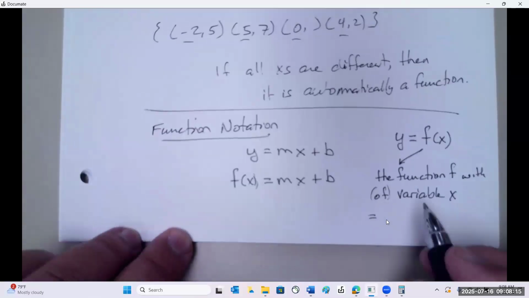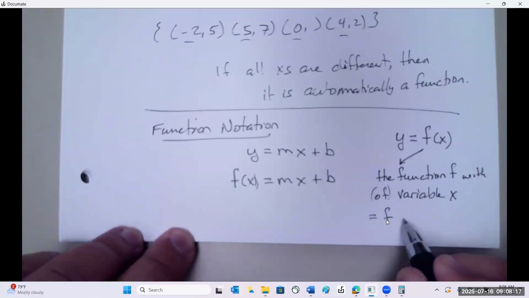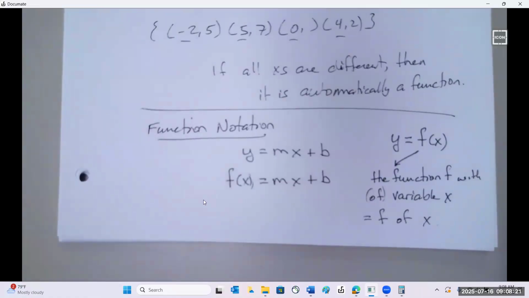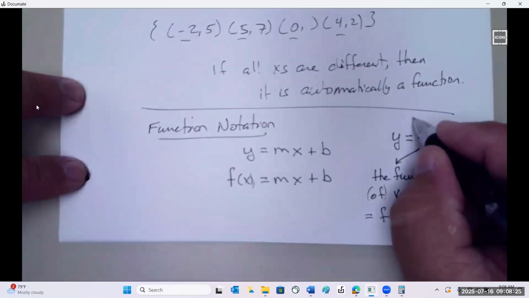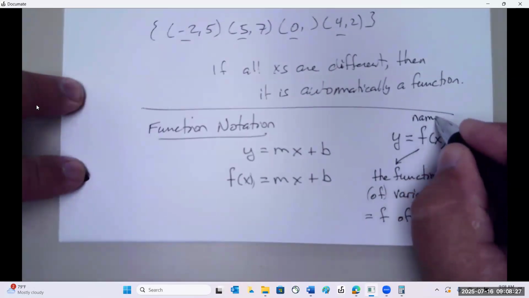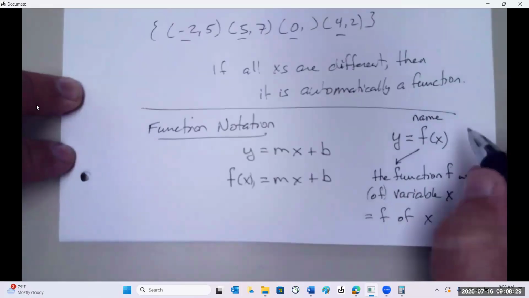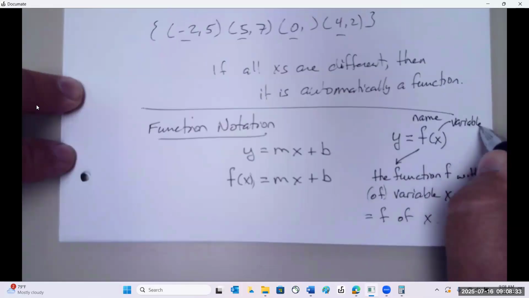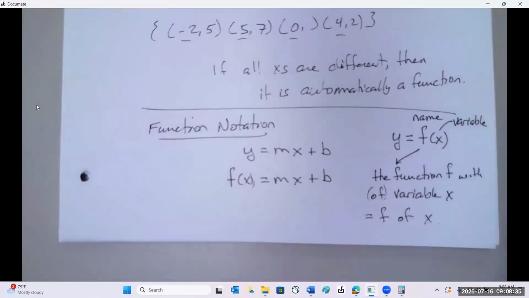The way we normally read it is f of x. That's how to shorten it. We write f of x instead of the function f. So this is the name of the function, and that is the variable inside the function.